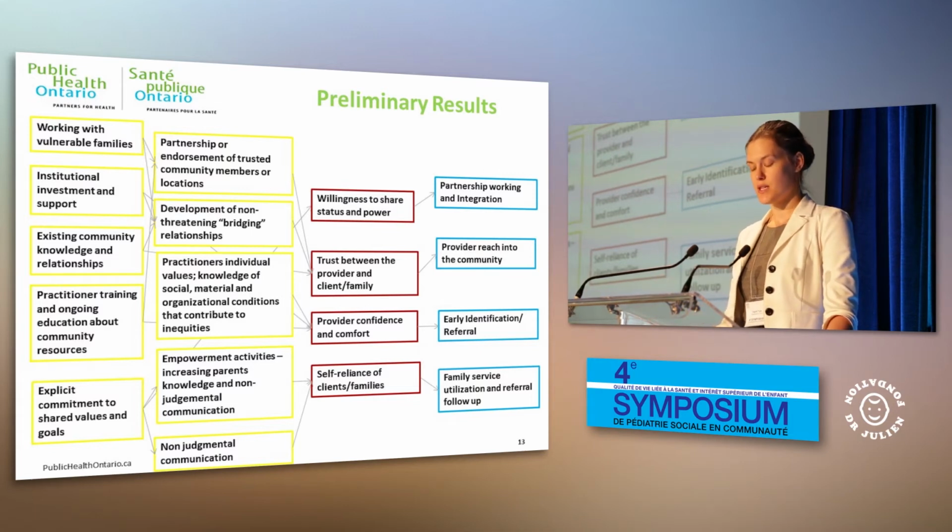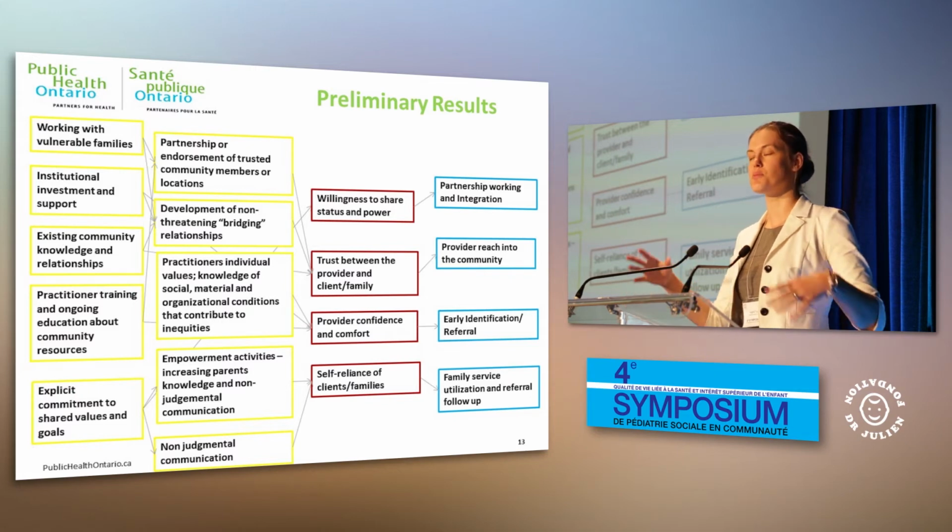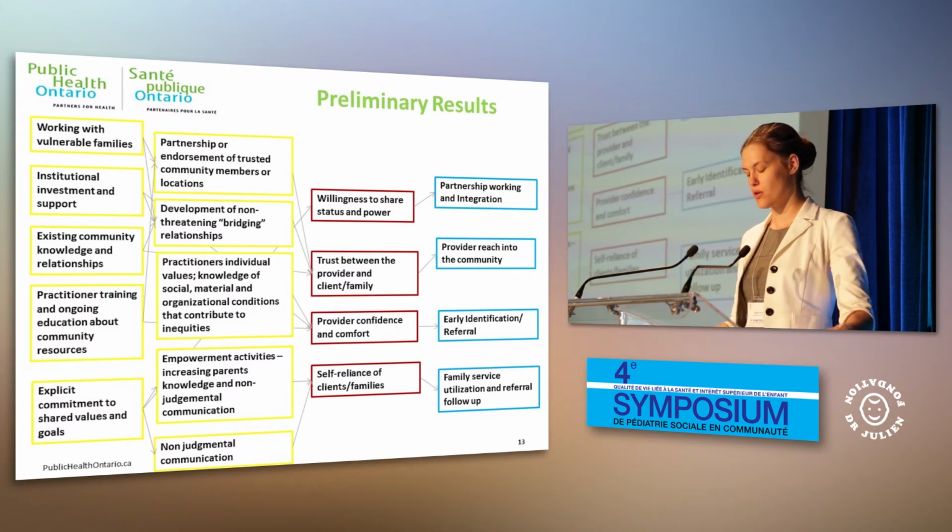What it doesn't do is tell you what to do and how to do it, but it does help inform how you might go about doing things in a way that could make them more successful.